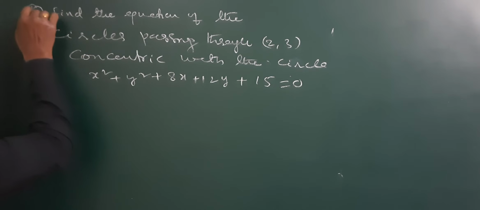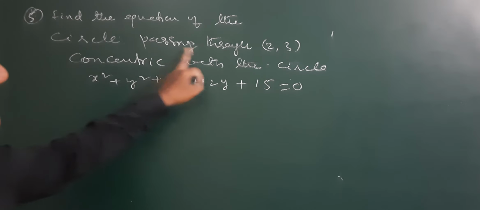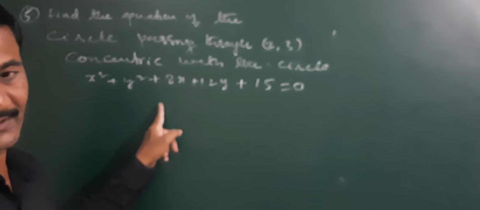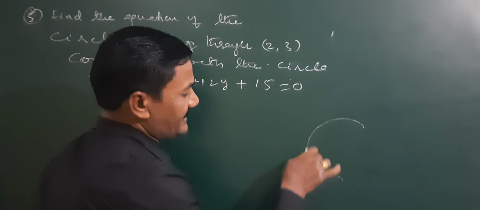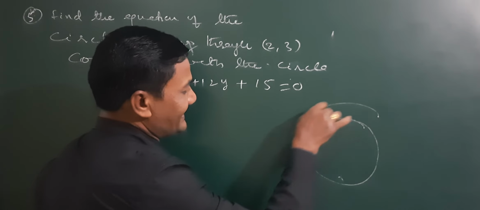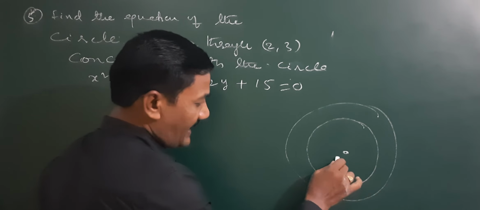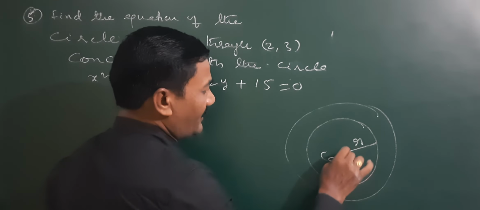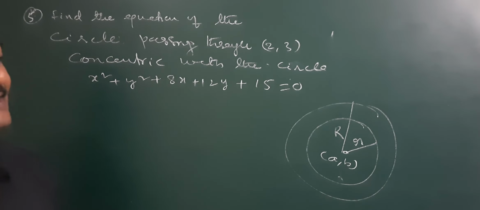Question number 5. Find the equation of the circle passing through 2 comma 3, concentric with the given circle. Concentric circles means this is one circle, this is another circle, but the only difference is the center is the same, a comma b. This is a radius small r, this is a radius big R only. These two circles are called concentric circles.